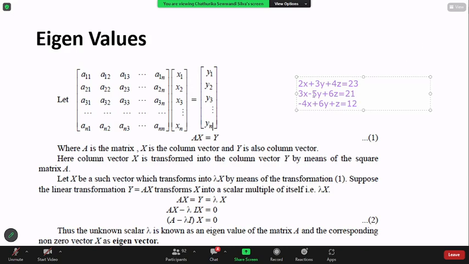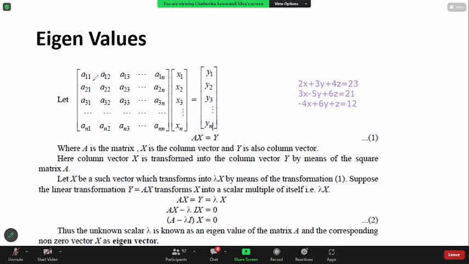If we construct a matrix out of these three simultaneous equations, what is this A1, A2, A3? This is basically the A matrix right here. Out of a set of simultaneous equations like this, we create this A matrix from the coefficients of these simultaneous equations on the left hand side.